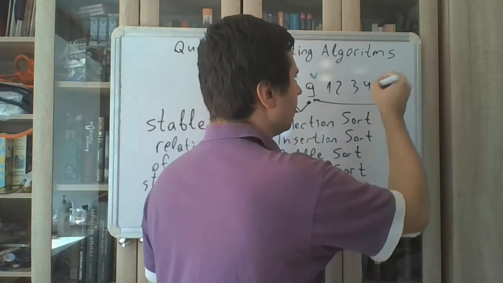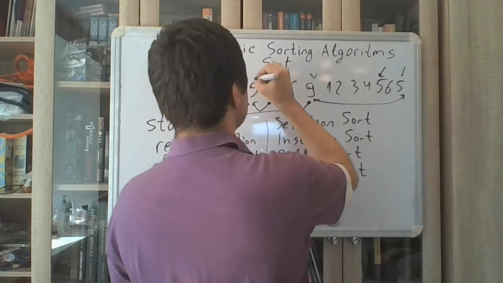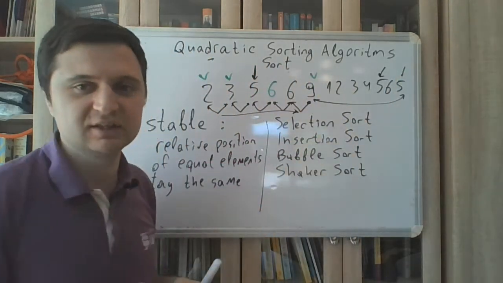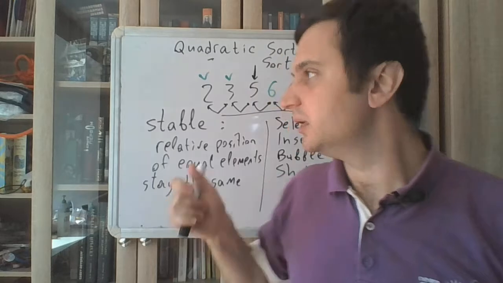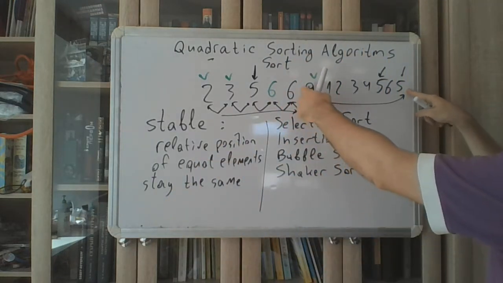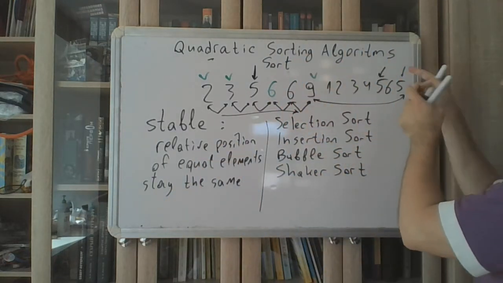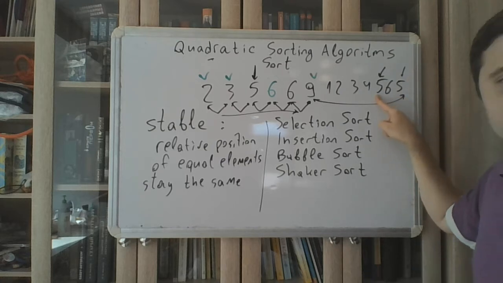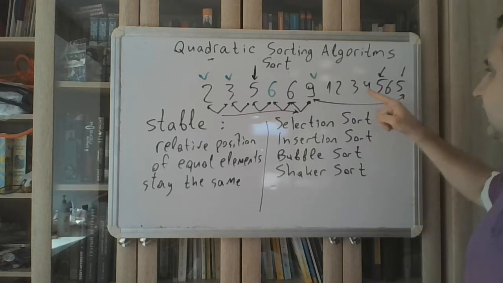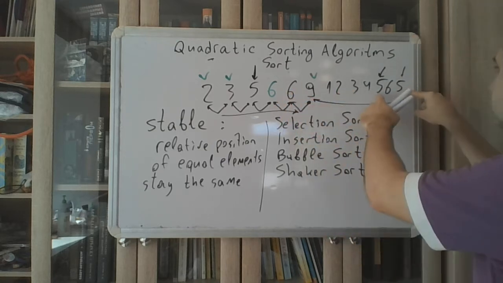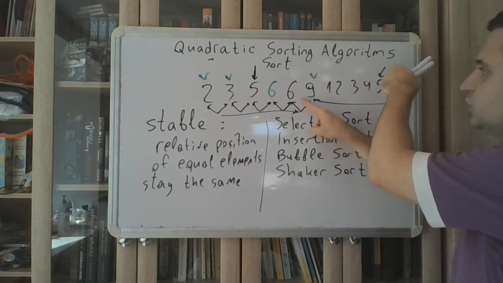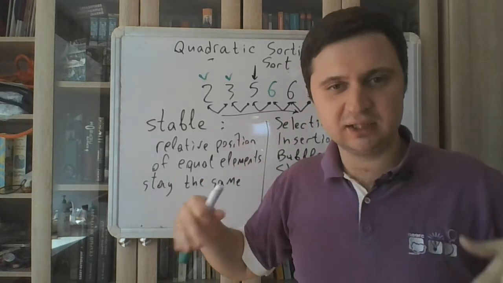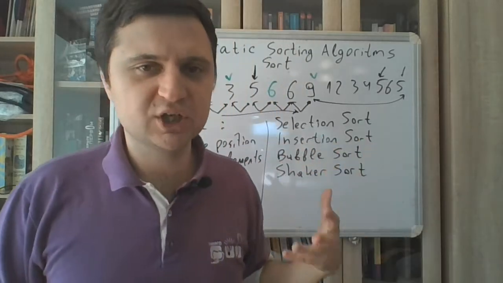There are several 5s in this data, but this 5 is now swapped down here, and its relative position with another 5 is lost. So their relative position changes, and we will lose more and more of such information.